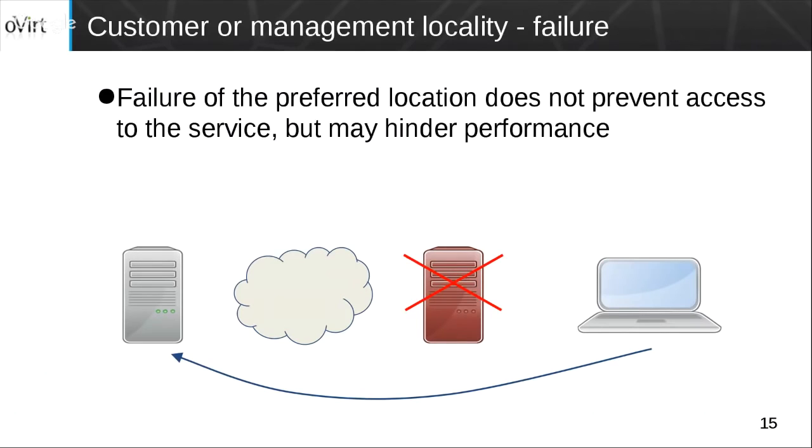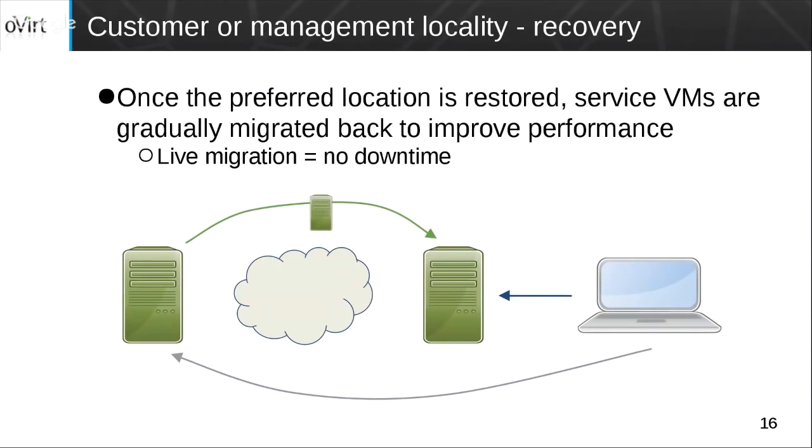But once the host is back up again, the mechanism will migrate the VM back because of its VM to host affinity. So we have live migration here, no downtime, and get our VM back close to the host it needed. Again, I'm talking here about a simple use case of VM to host. Other considerations need to be taken into account here in terms of scheduling and other factors.